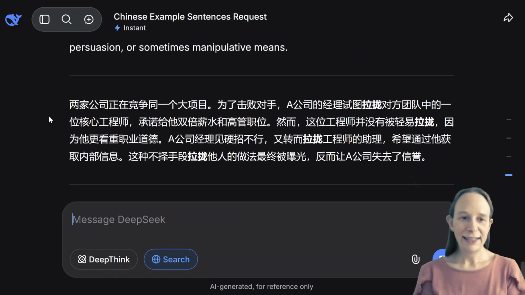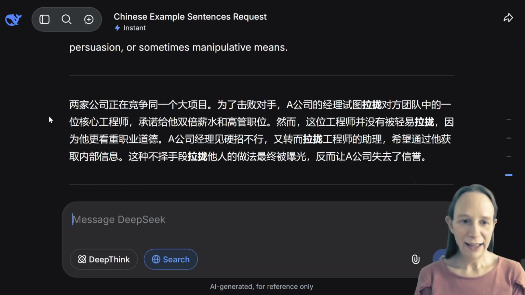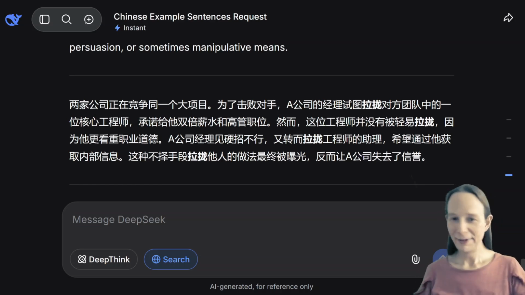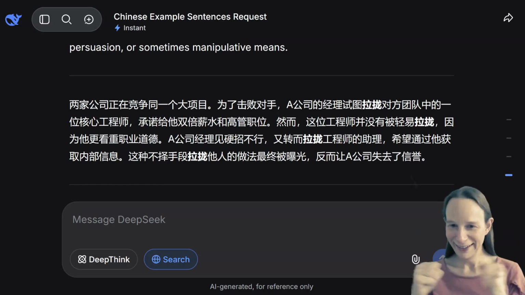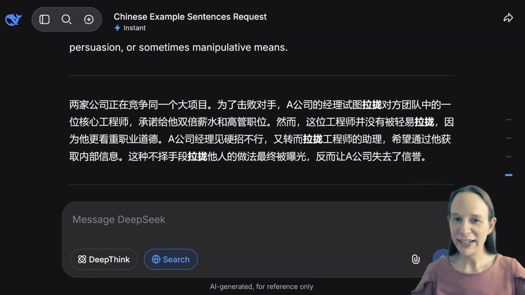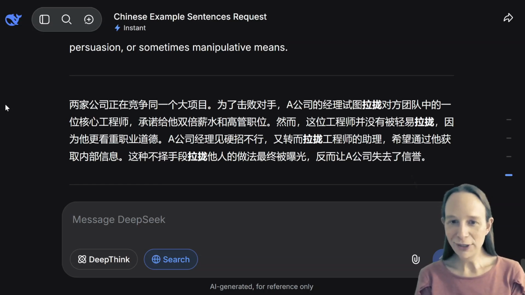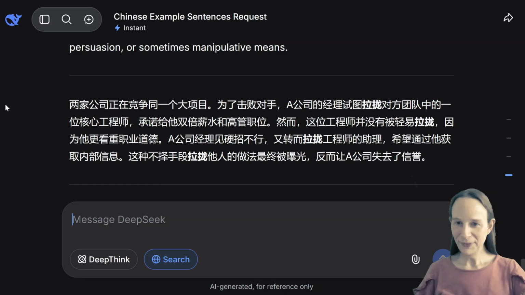All right. 两家公司正在竞争同一个大项目. We have our plot. We have two companies competing over a project. 为了击败对手, A 公司的经理试图拉拢对方团队中的一位核心工程师. Did you get it?